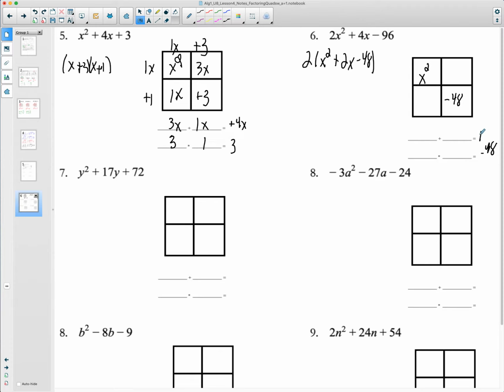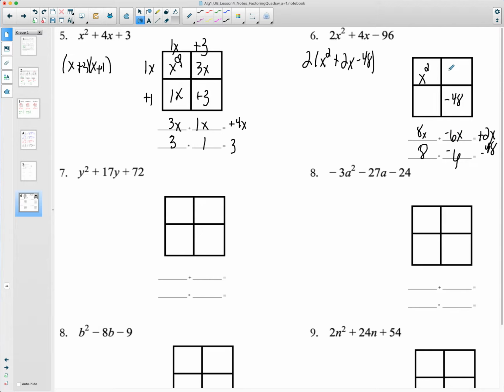So we need to find two numbers that multiply to be negative 48, but add to be positive 2. And so that would be 8 times negative 6. And my pen is really slowing down here. Okay, and then we could see that 8x plus negative 6x is 2x.